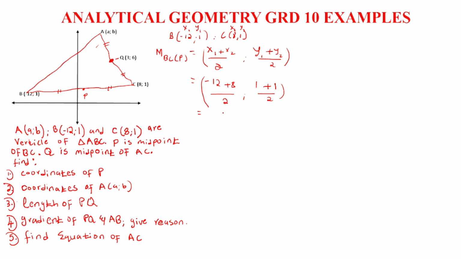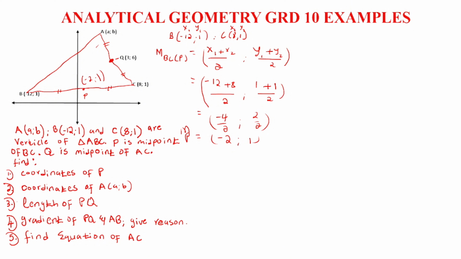So all in all, you should be able to have minus 4 over 2 and then 2 over 2, which will give us the coordinates of P, which is minus 2, 1. Okay, we've got the coordinates of P. We're going to put them here on our diagram.